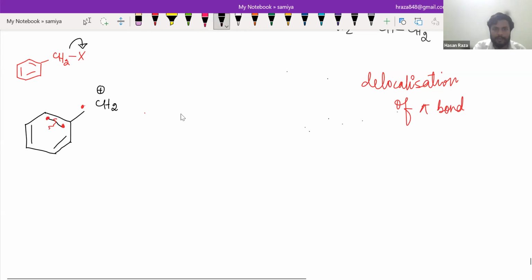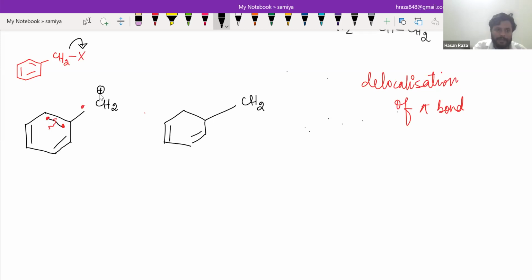So what happens here is very important to know. First of all, I'm going to write all this. Now see, if this electron is moving to this, that means this carbon already has a positive charge and it is gaining an electron from here, so it would get a negative charge. When an element gains an electron, there will be a negative charge. Already there is a positive charge, so negative and positive will cancel each other, and there will be a bond between these two electrons also.